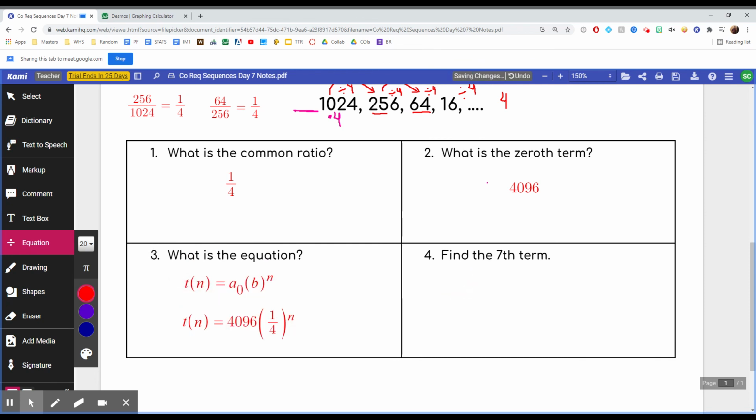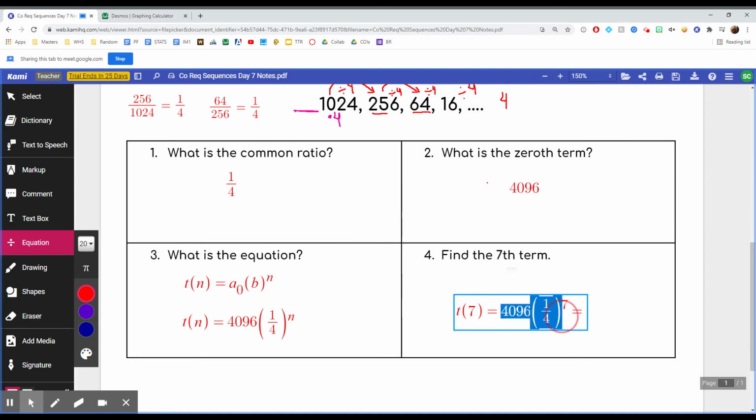Copy paste that here to find the 7th term in this case. So there's my equation, and everywhere where you see an n, we're going to replace it with a 7. So 7 and 7. Okay, now that's going to help us identify what the 7th term is.